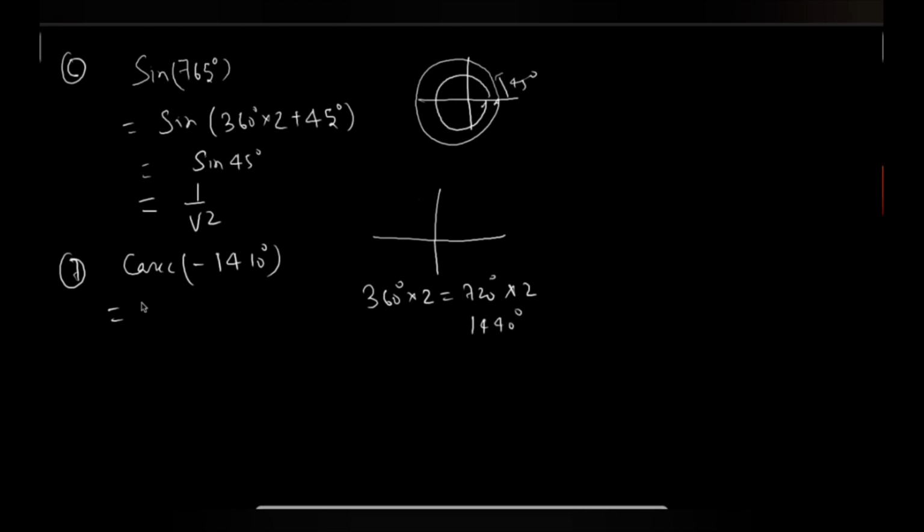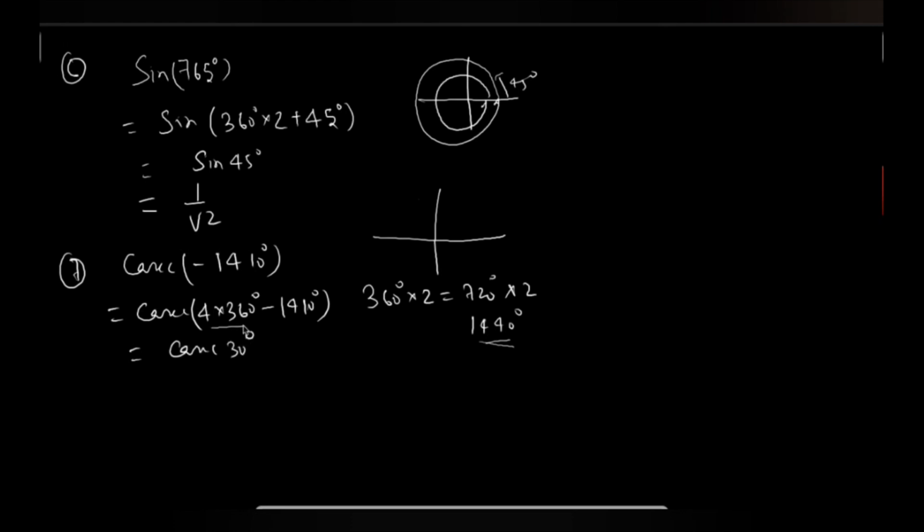So I can write this as cosec of minus 1410 degrees plus 4 into 360 degrees, which is 1440 degrees. I'm just adding this to minus 1410 degrees. So this gives me nothing but cosec of 30 degrees, right?